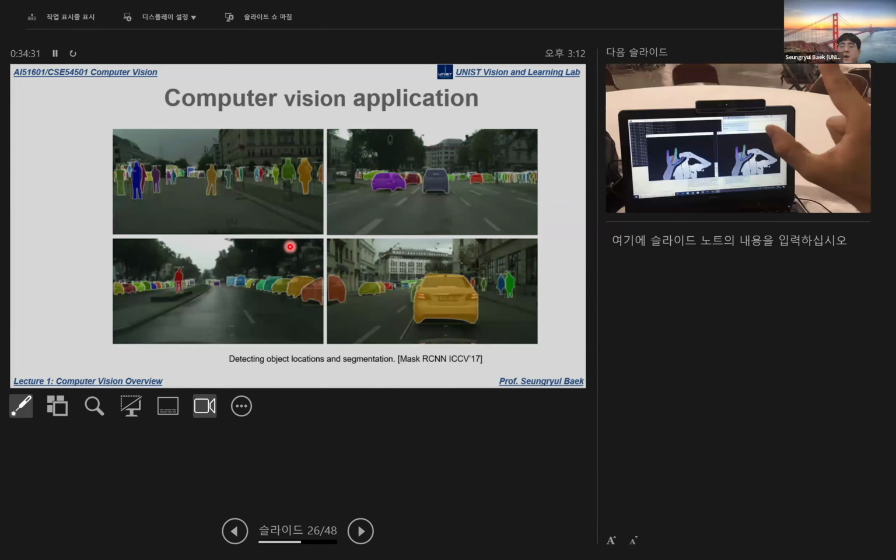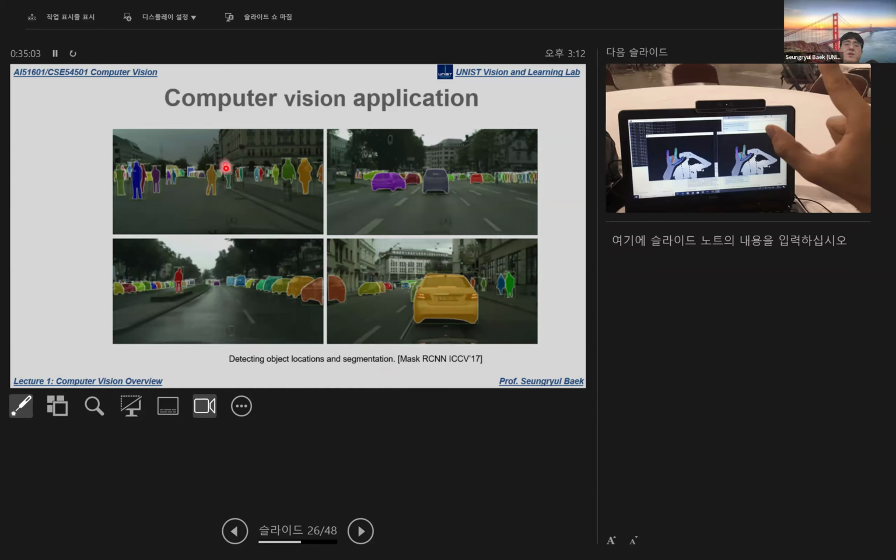The other important application in the computer vision field is the segmentation task. We call this semantic segmentation. In the semantic segmentation task, we are localizing each object, but using a more detailed pixel-wise representation, this type of segmentation mask.